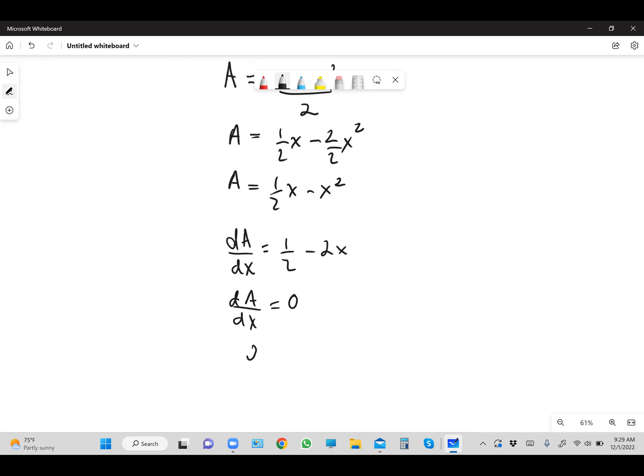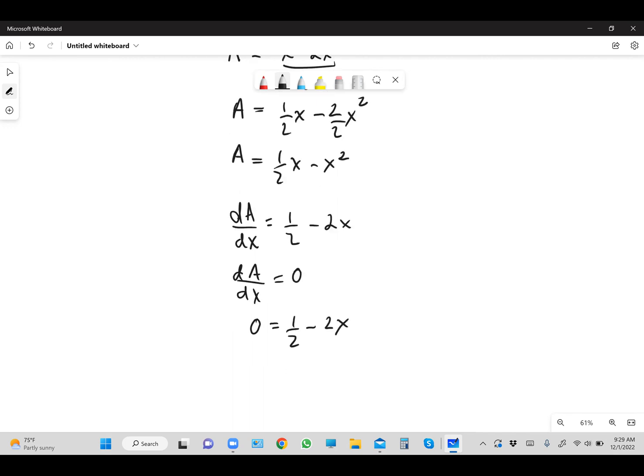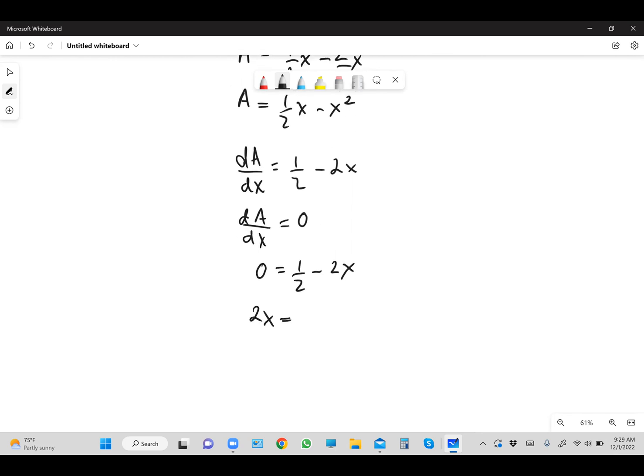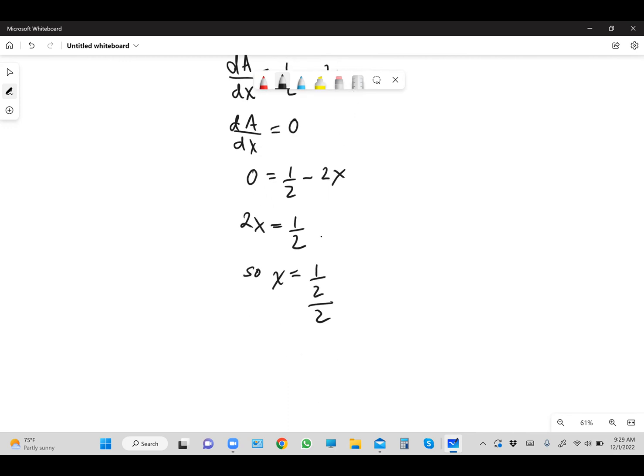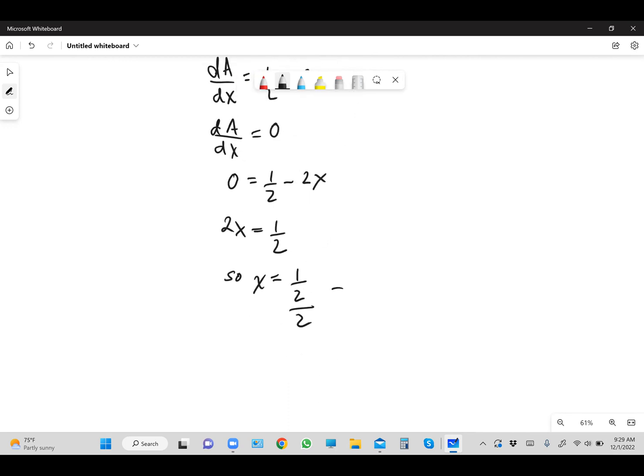So we have 0 equals half minus 2x. 2x equals half. So x equals half divided by 2. Therefore, that equals 1/4.